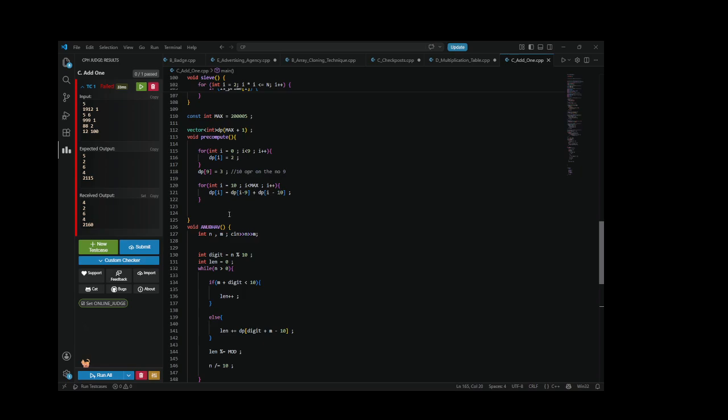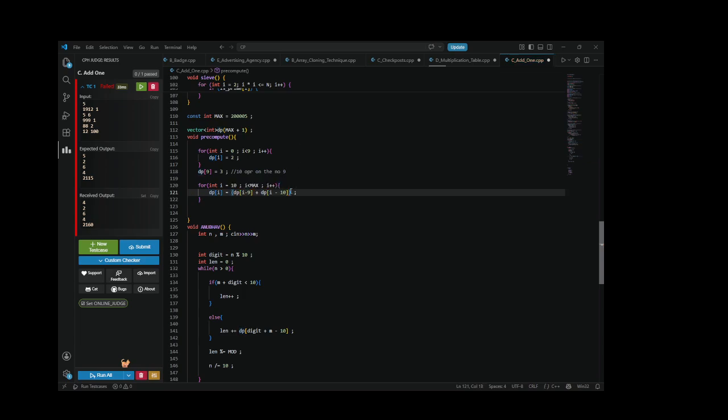Why is it not passing? 0 to 9 I have iterated. I have written everything: dp of 9 is 3 obviously. For 10 to max value, I'll increase dp of i as, which is causing us the problem.